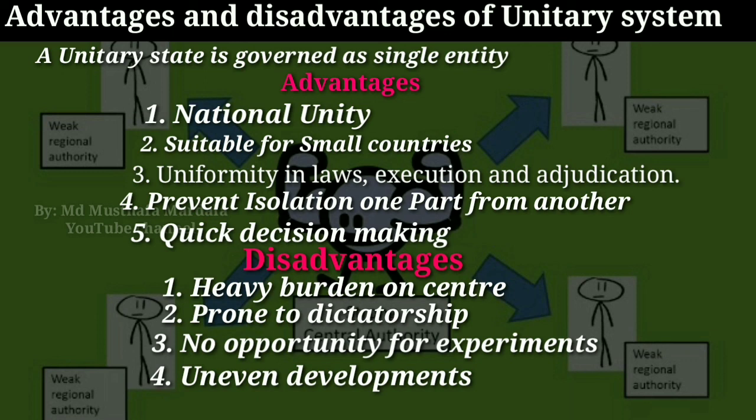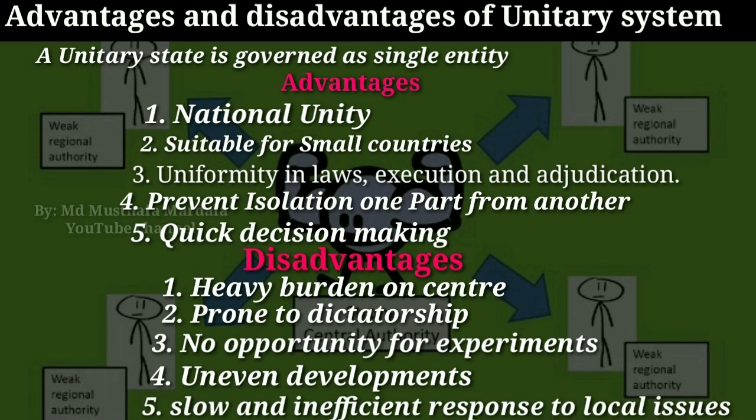Another disadvantage of the unitary form of government is that since there is only one government, that is the central government, which is looking after the administration of the entire region, it will become overburdened by it and it may be slow to respond to local issues. Even the slow response of the central government creates its own problems.